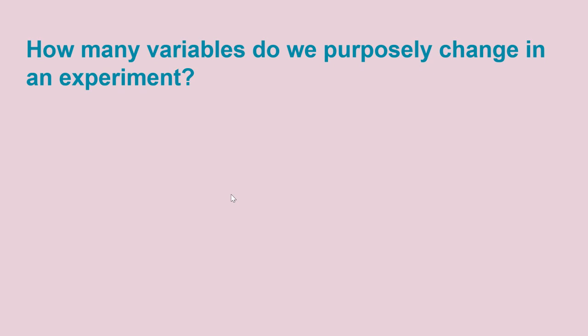How many variables would we purposefully change in an experiment? It's actually just one. So in the plant experiment, we're only changing the variable that is what type of liquid is poured on the plant. We're not changing anything else. We're not changing how much sunlight it gets. We're not changing how much of the liquid it gets. We're not changing what kind of soil it's in or anything else.